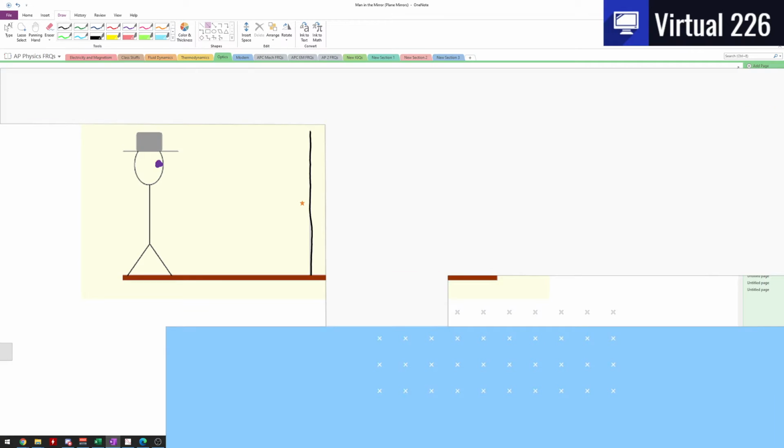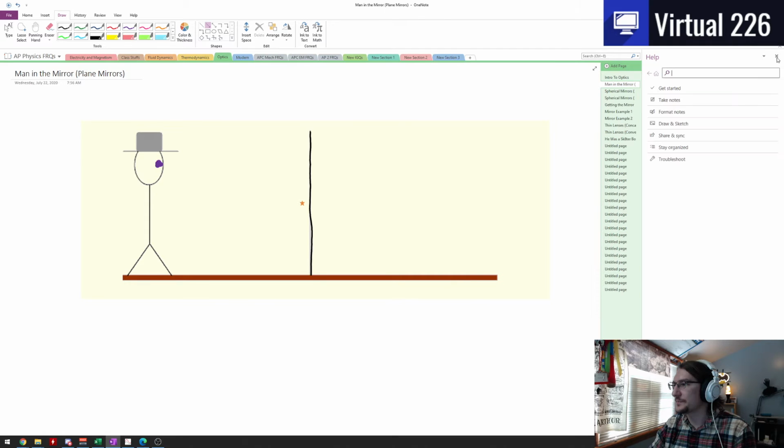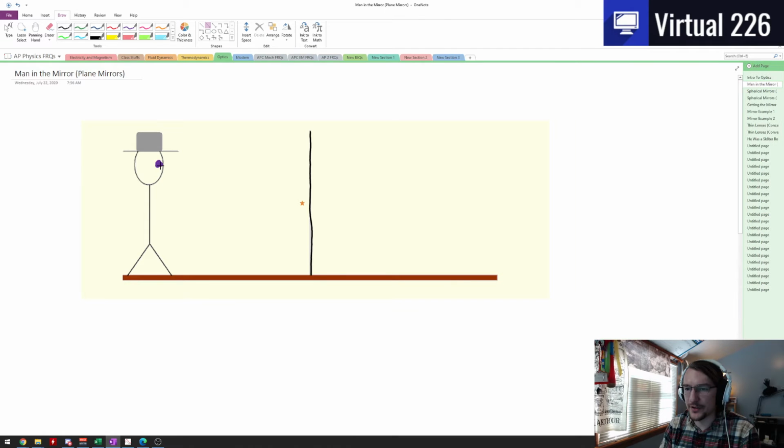So we can actually prove this by doing the following. Here's your eyeball. It's this purple thing right here because, I don't know, you have purple eyes. And let's actually bounce rays off of this mirror. So we've got our man in the mirror here, and here's your purple eye that I was talking about. Let's bounce rays off of things like our hat or our foot off the mirror and then hit our eye.